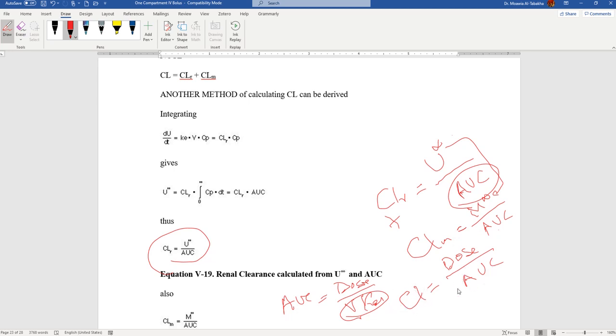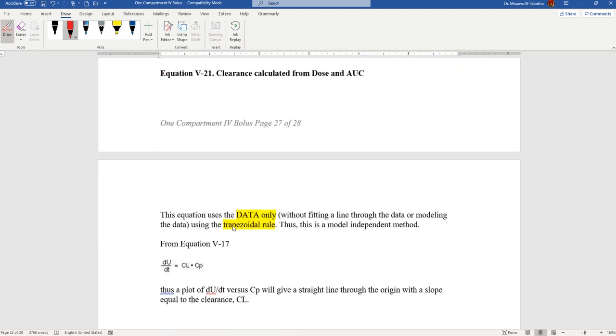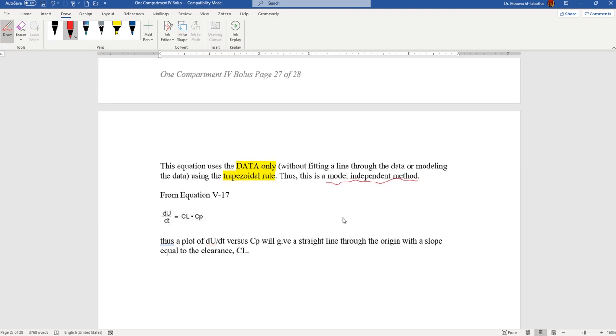Because if I use the trapezoidal rule, I do not need to assume a certain model, a certain one compartment or two compartments, etc. We call it a model independent method. I do not need to describe this as one compartment or whatever.